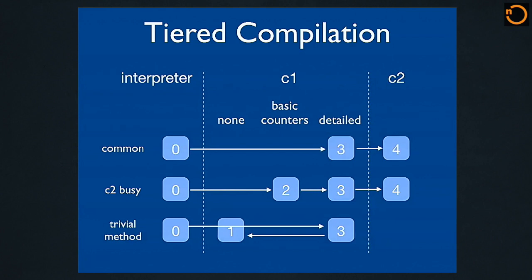No counters, no instruction level profiling. The hope here is that for trivial methods, C1 tier 1 is just as good as C2 tier 4. So your end goals are 4 and 1. It probably sounds a little strange, but that is the case.